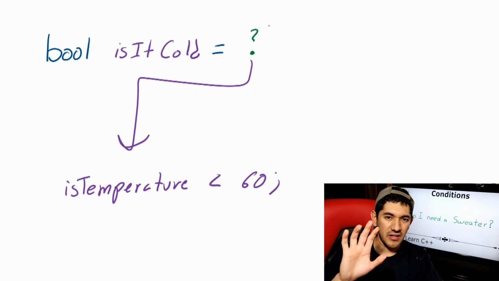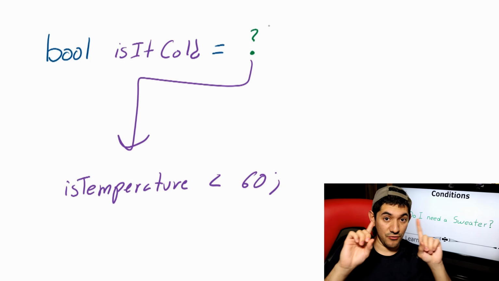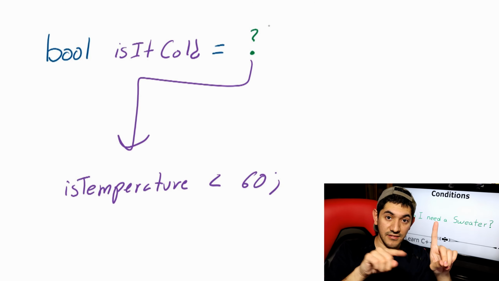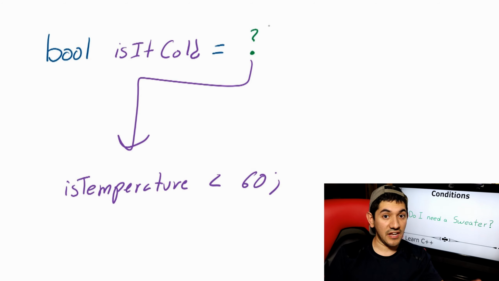We cannot code, is it cold? The computer is not going to be like, hey, processor, do you feel cold? It doesn't know that. However, once you tell it two values and say, compare these two values, temperature less than 60, the computer can figure that out and tell you, hey, temperature is indeed less than 60, therefore you should wear a sweater.